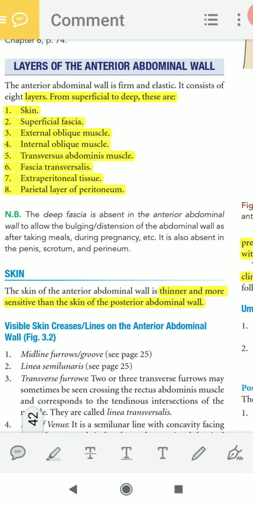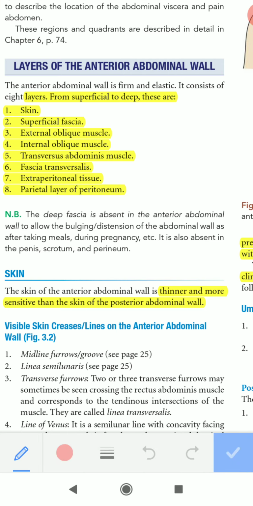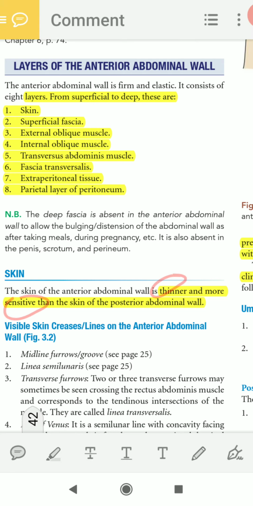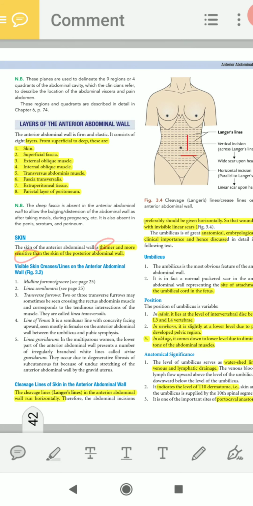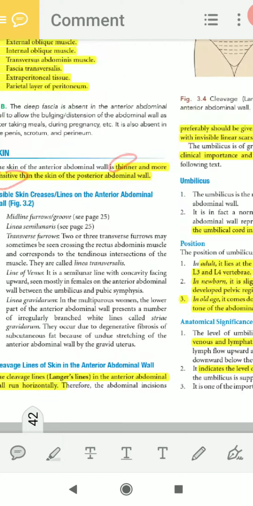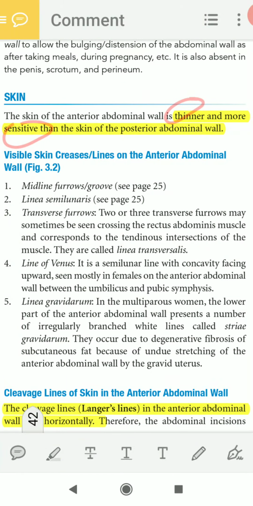Now we will discuss the layers in detail. At first, come to the skin. The skin of the anterior abdominal wall is thinner and more sensitive than the posterior abdominal wall. So the skin of the posterior abdominal wall will be thicker and less sensitive. Now we have to know some terminology in the skin.